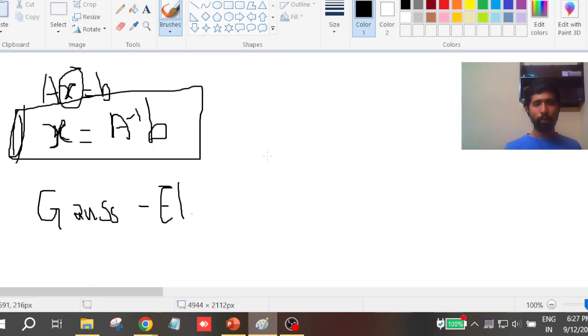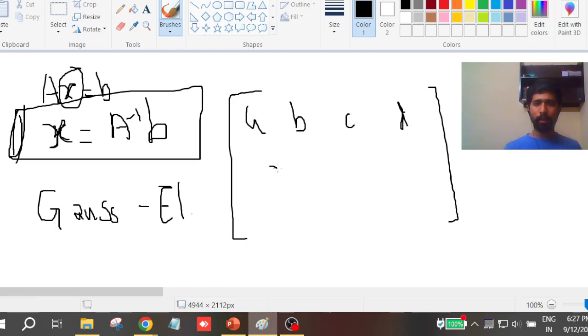So what do we do in that Gauss elimination? We get a matrix, say A, B, C, D, E, F, G, H, and similarly the whole matrix is filled like this.